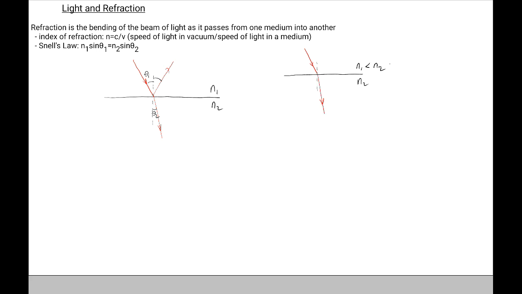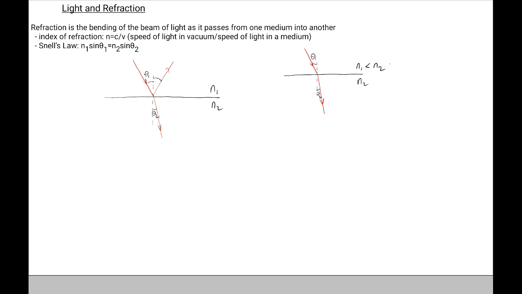So when n1 is less than n2, the beam bends closer to the perpendicular. So theta 2 is less than theta 1, and that is all due to math. That's how we know that theta 2 will be less than theta 1.